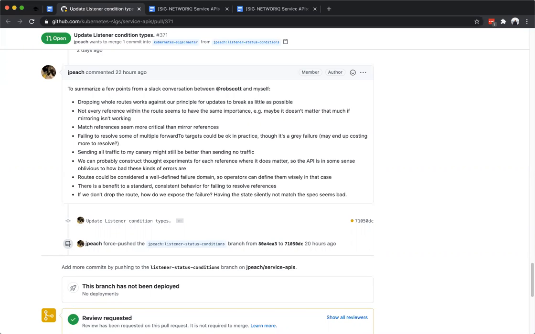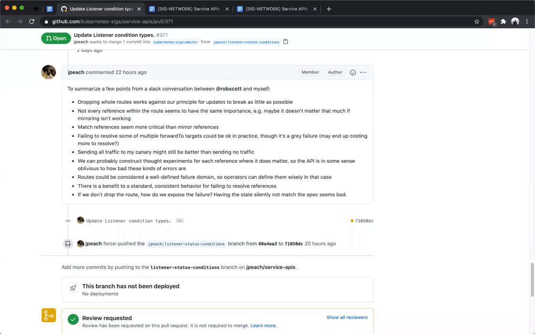I think that's a really good idea, especially if we have a route that has been accepted transitioning to a route that is being dropped, which feels like a really negative experience. Surfacing an event is going to be relatively visible.